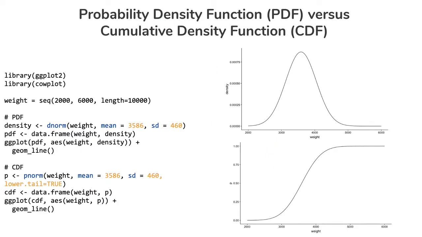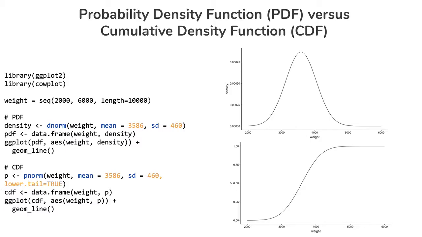But this sets up an important concept in probability distributions, which is the difference between a probability density function, a PDF, and a cumulative distribution function. Okay, so let's walk through this.